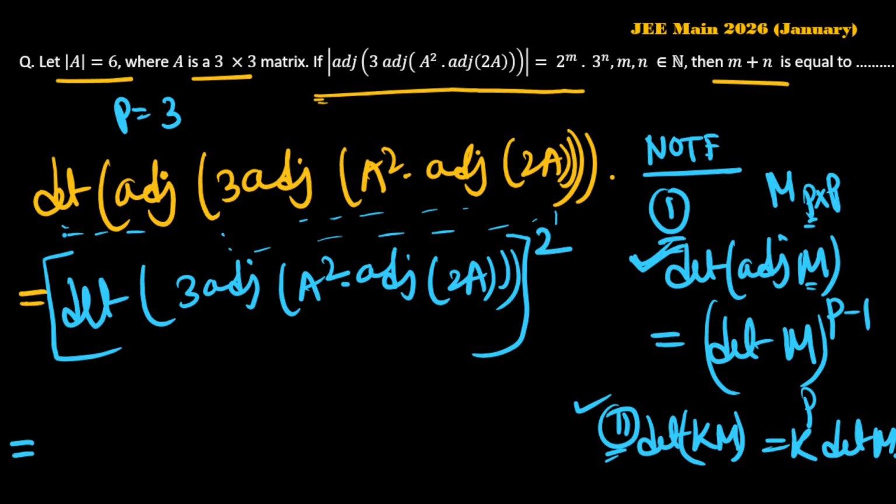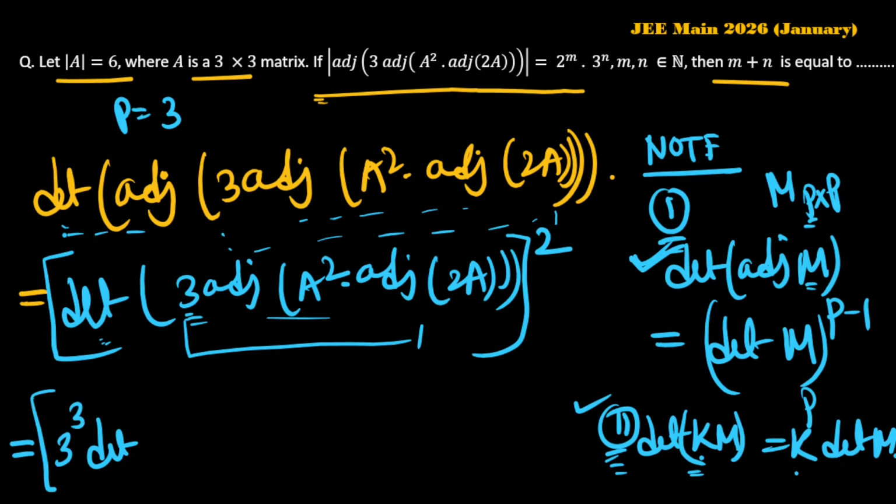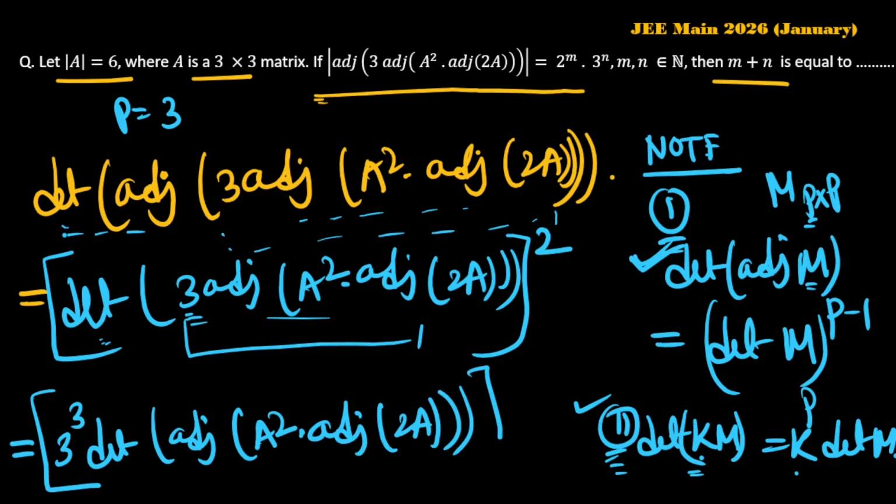Next we apply the second formula here, because we have the determinant of a constant times some matrix: the determinant of K into M is K power P times the determinant of M. So the formula gives K power P, where K is 3 and P is 3, multiplied by the determinant of adjoint of A square into adjoint of 2A, power 2.